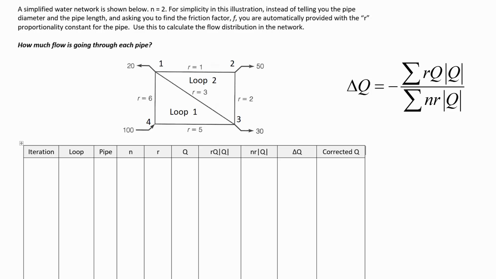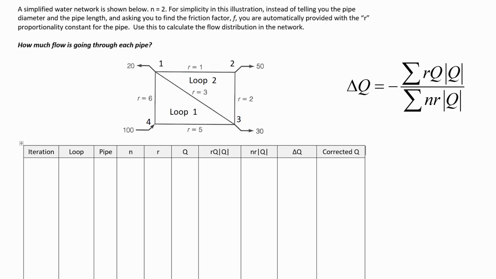And then the final pipe was negative 30, so you combine that with the negative 20.756, and we're getting negative 50.76. So we've now completed iteration 1 for loop 1.